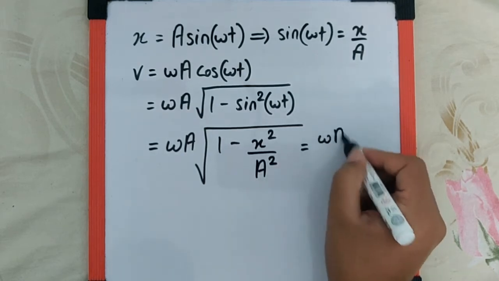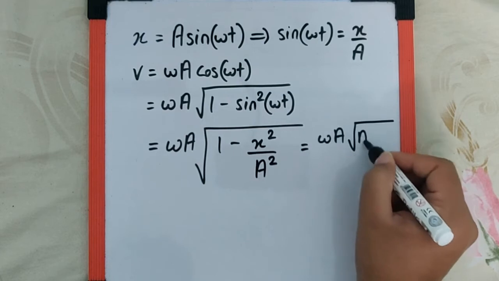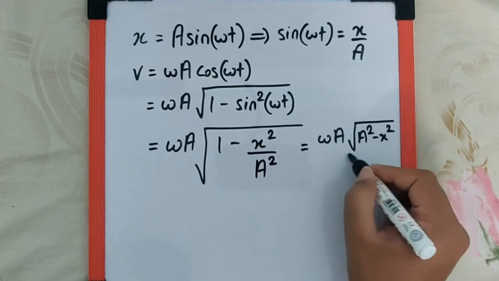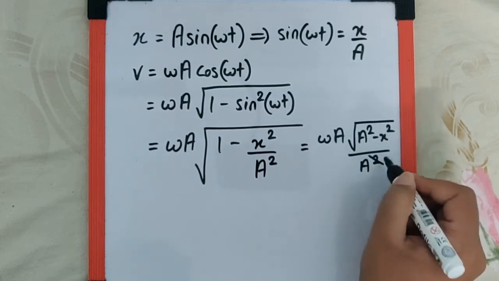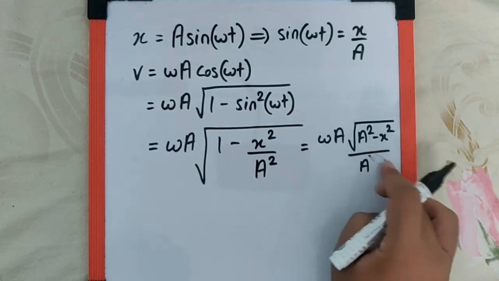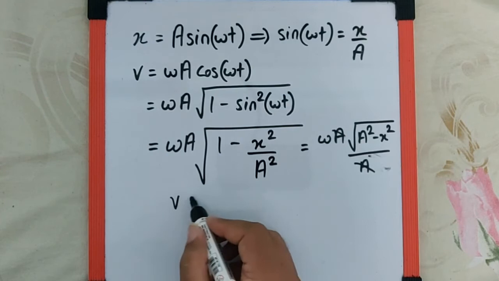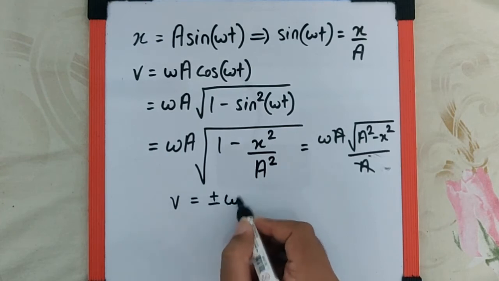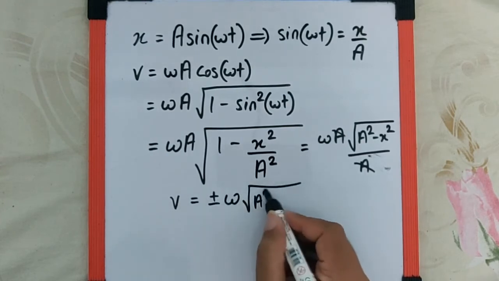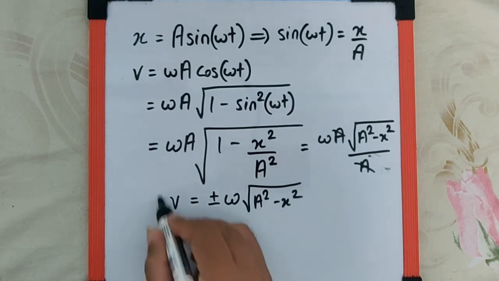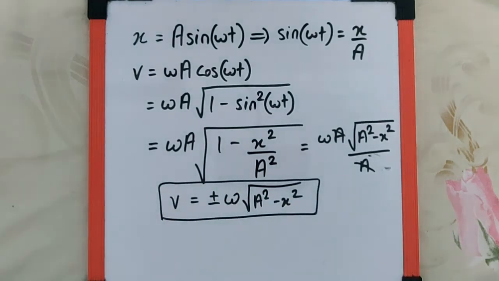Simplifying this we get omega a root of a square minus x square upon a square. When a comes out of the root, a gets cancelled and we get the velocity as plus minus omega root of a square minus x square. Now this is the expression of velocity in terms of its position.